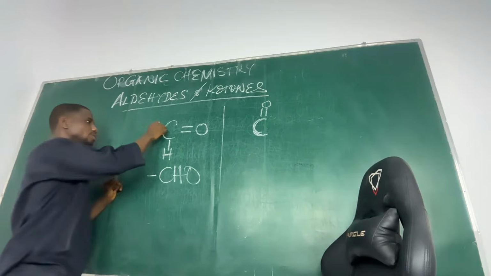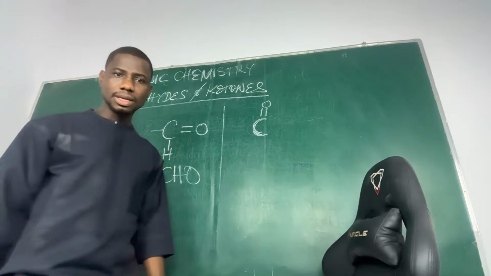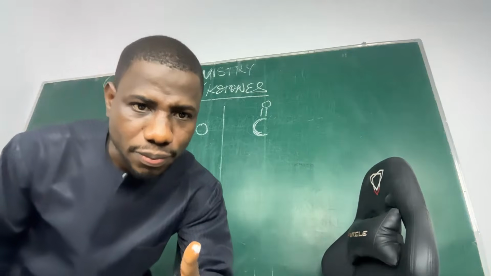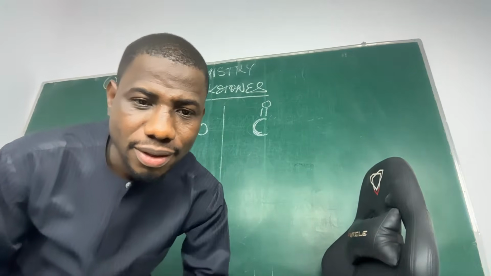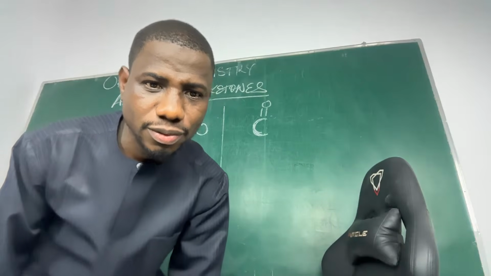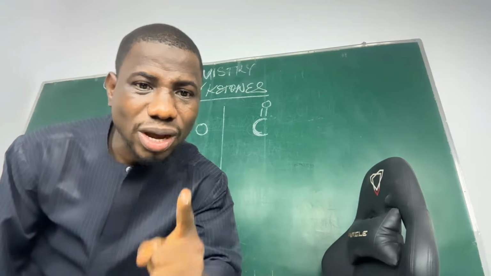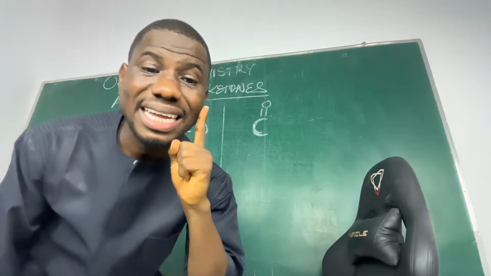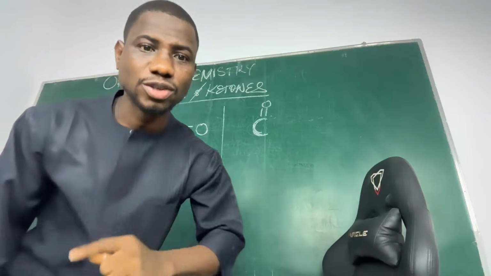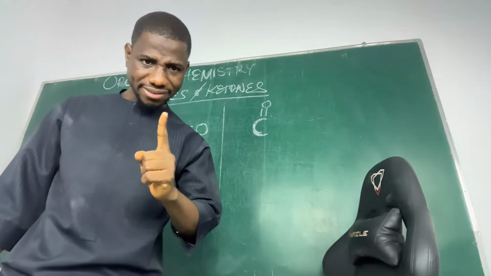It's a bond waiting for something else to come. Once the carbonyl group is bonded to at least one hydrogen atom, we call it an aldehyde group. Does that make sense to you?